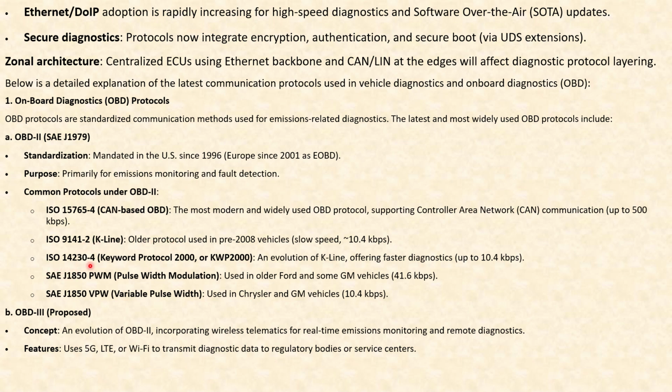ISO 14230-4, which is offering a slightly faster diagnostic. SAE J1850 pulse width modulation. SAE J1850 variable pulse width modulation used in Chrysler and GM vehicles. These are the already well established protocols in the market under the heading of OBD-II.